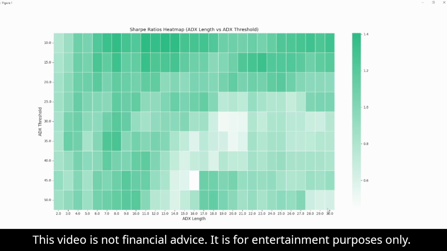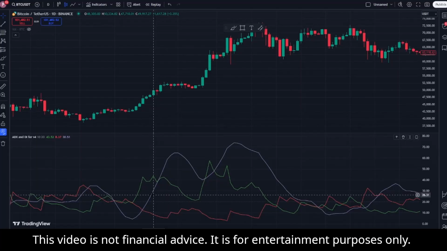And the ADX threshold, the y-axis, will vary between 10 and 50. So the threshold is simply the value for the purple line to cross over. For example, for this very candlestick we have 24, and the next one is 30, more than 30 in fact.